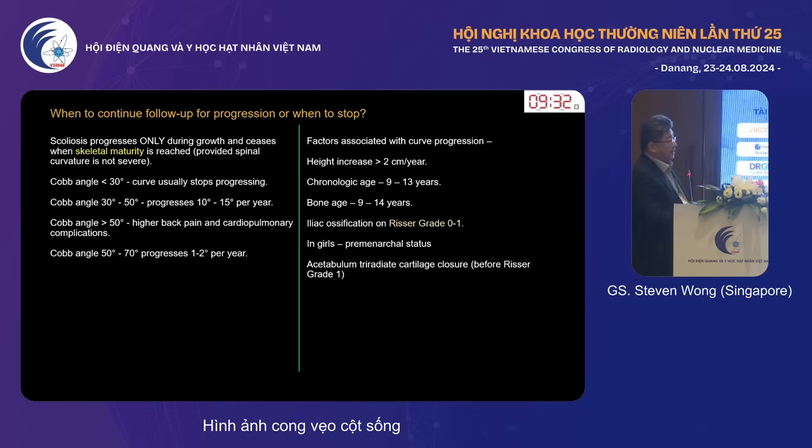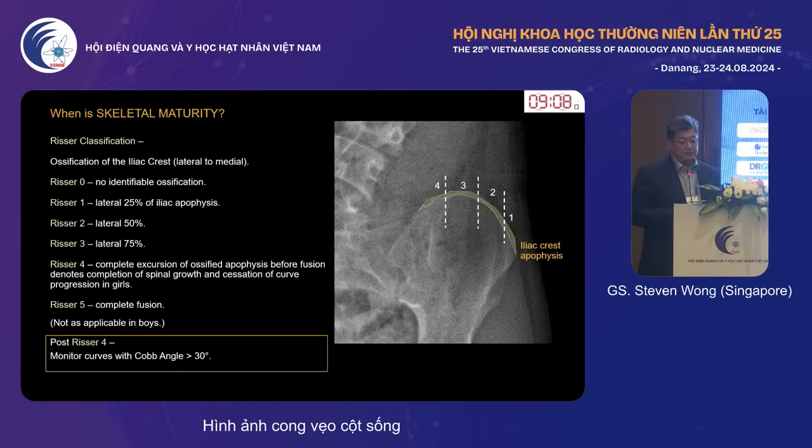In girls, they are pre-menarche status, or when they achieve puberty, is usually earlier than boys. And sometimes, once they reach that phase, their scoliosis may actually accelerate, and get worse for a period of time. So you actually do need to have a close follow-up for them.